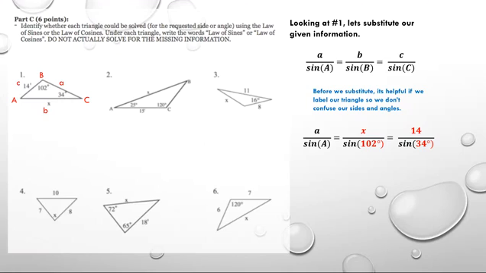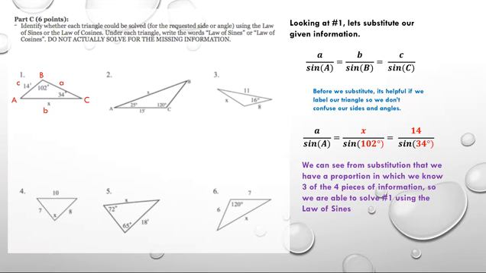Now when we substitute, if we look at the ratios for angle B and side b and angle A and side a, we'll see that we have 3 out of the 4 pieces of information that we need, and we're asked to solve for the length of side b. Since we have 3 out of the 4, we know that we can use the law of sines. So this first one is solved by using the law of sines.